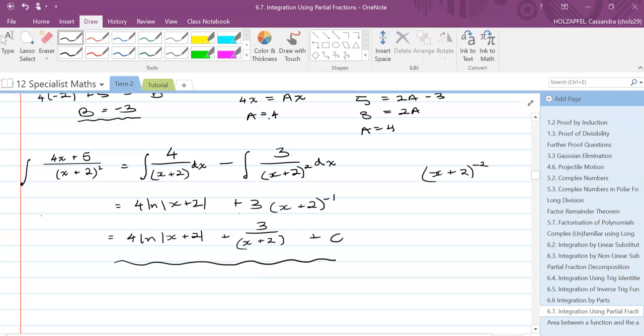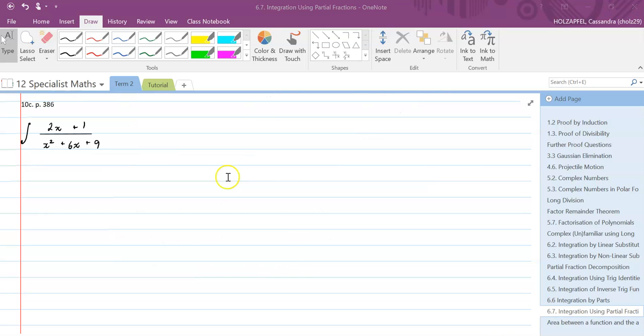Let's do another example using these repeated linear functions, or repeated linear partial fractions. Okay, and what we need to do for this one, as you can see, is we need to factorize this bottom denominator here. But this is actually a perfect square, and so I know this is going to be x plus 3 squared. So let's rewrite that.